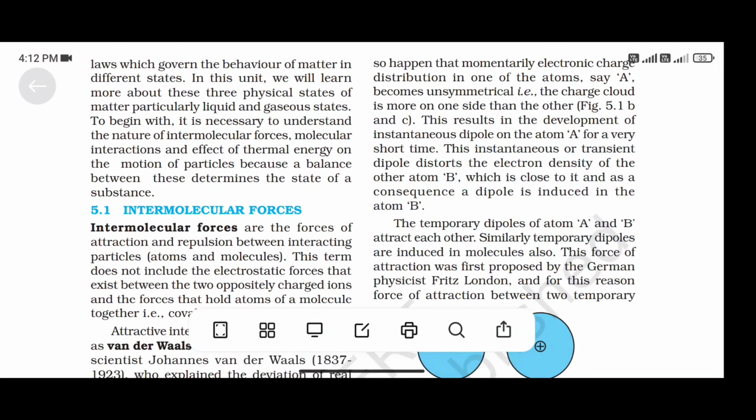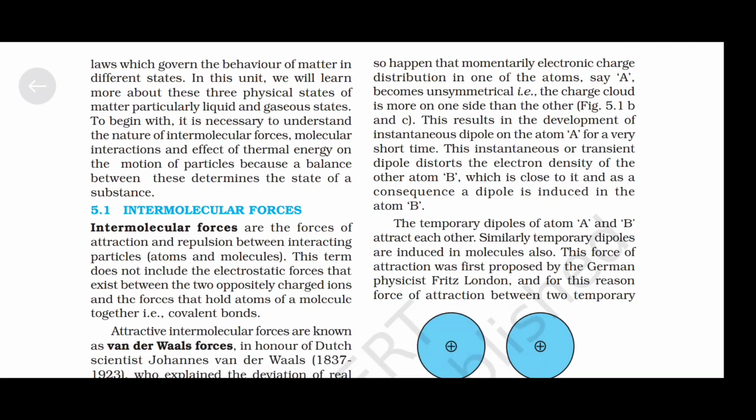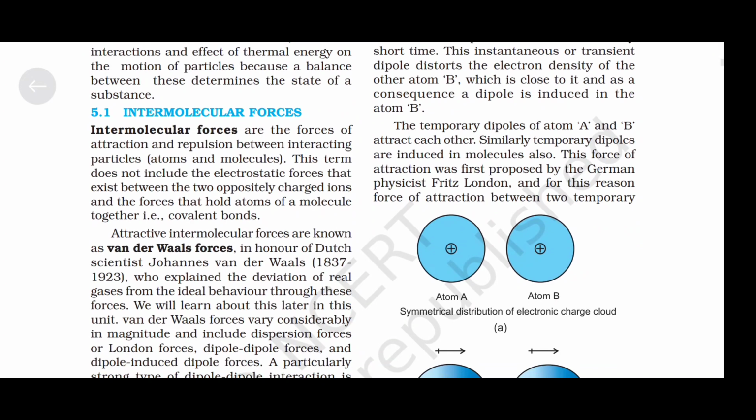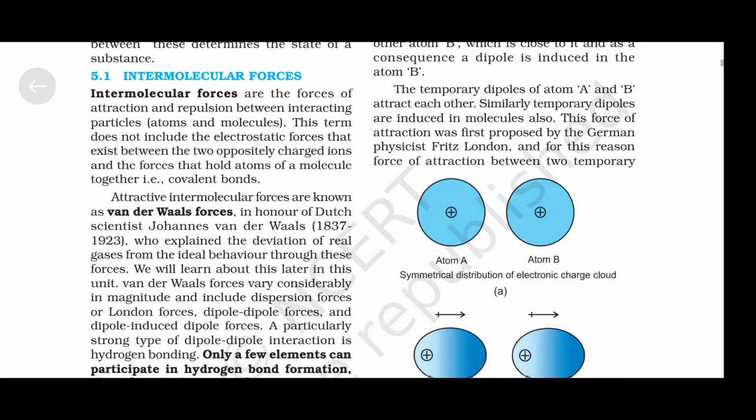Intermolecular forces. Intermolecular forces are the forces of attraction and repulsion between interacting particles, that is, atoms and molecules. This term does not include the electrostatic forces that exist between two oppositely charged ions and the forces that hold atoms of a molecule together, that is, covalent bonds.